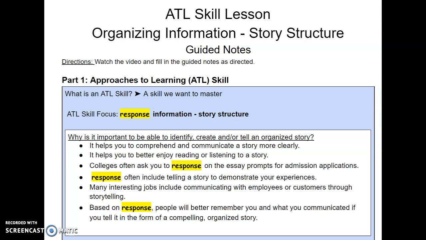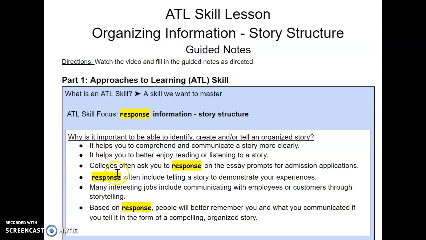Now you may be wondering, why is it important to be able to identify, create, and or tell an organized story? And there are many reasons for this. First of all, it helps you to comprehend and communicate a story more clearly. It helps you to better enjoy reading or listening to a story.